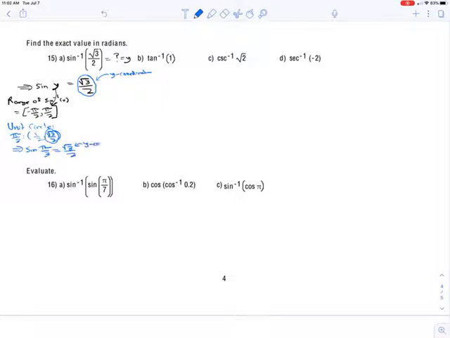The y coordinate. All right, so there's our answer. So that implies sine inverse. So there's the y coordinate, pi over 3. So that implies sine inverse of square root of 3 over 2 is equal to pi over 3 radians. All right. So that's inverses.